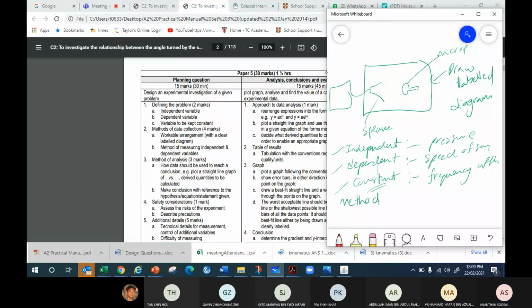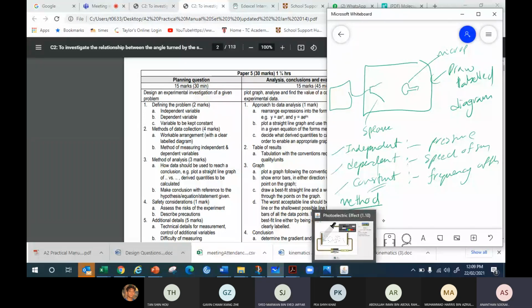For the method, you put a title: Method. Under method, you put it in point form: 1, 2, 3, and so on. Under method, you are given 4 marks. I'll tell you what they are going to give you marks for.